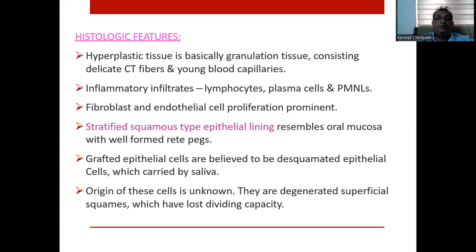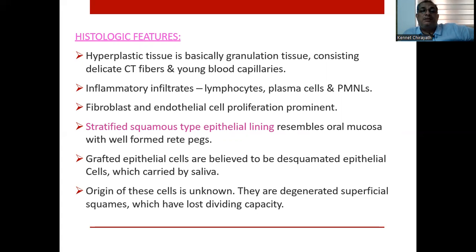So hyperplastic tissue is basically granulation tissue, consisting of delicate connective tissue fibers and young blood capillaries. The inflammatory infiltrates are lymphocytes, plasma cells, and polymorphonuclear leukocytes. Fibroblast and endothelial cell proliferation is prominent. A stratified squamous type epithelial lining resembles oral mucosa with well-formed rete pegs.